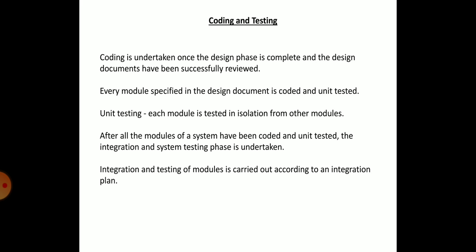And this uniform coding style helps in better understandability of the code, because the code implemented by different engineers may be maintained by another set of engineers. So there is an importance in the better understandability of the code. Adhering to a particular coding standard helps in better understanding of the code.